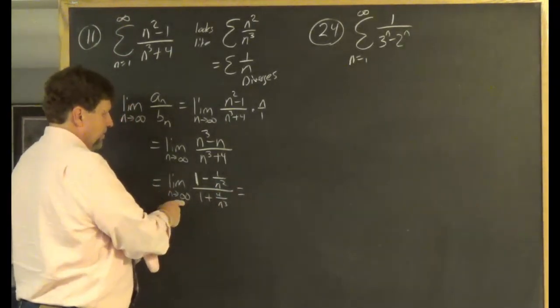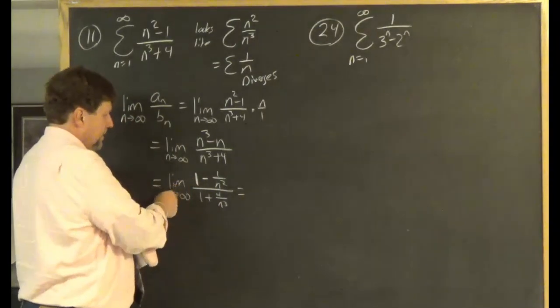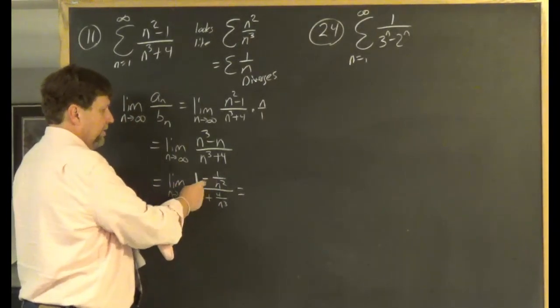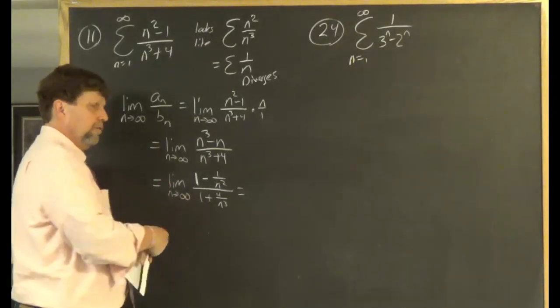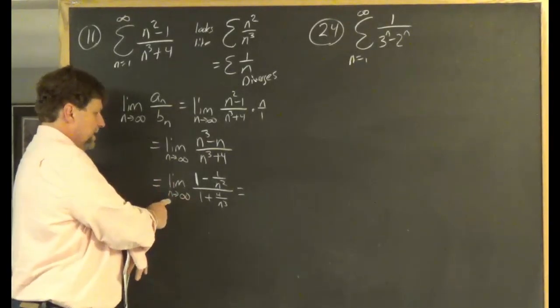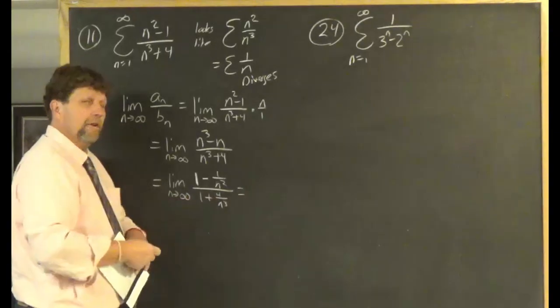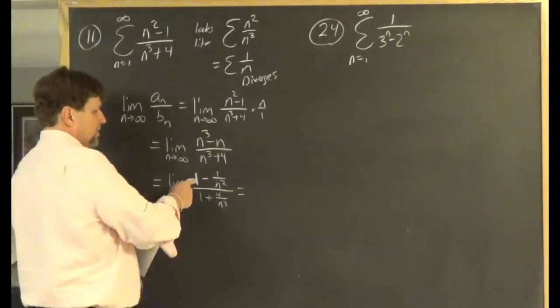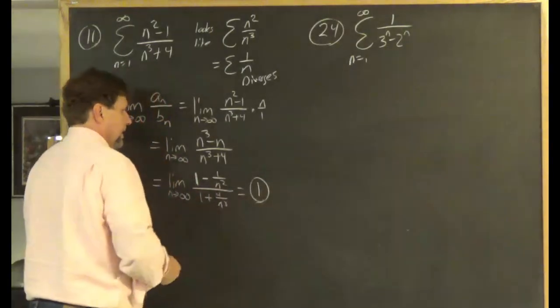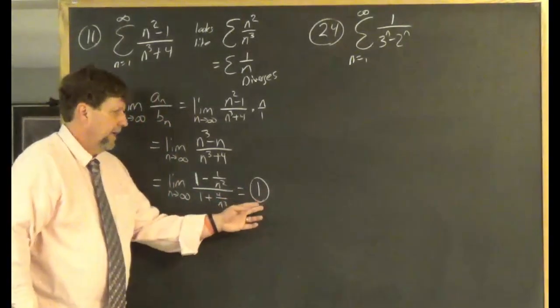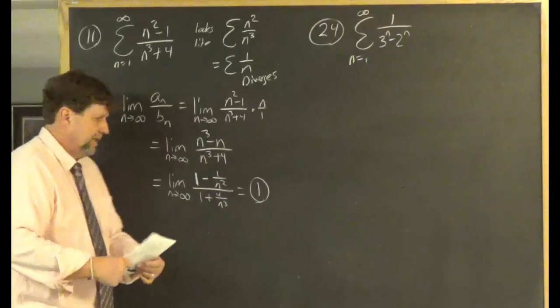So the limit as n goes to infinity of 1 is 1. The limit as n goes to infinity of 1 over n squared is 0. The limit of 1 is 1. And the limit as n goes to infinity of 4 over n cubed is 0. So 1 minus 0 over 1 plus 0, that is 1. It's finite, it's positive.